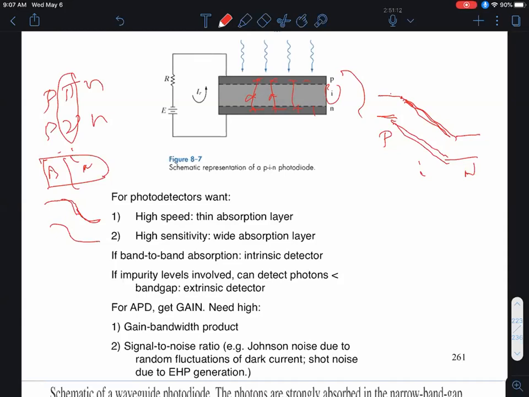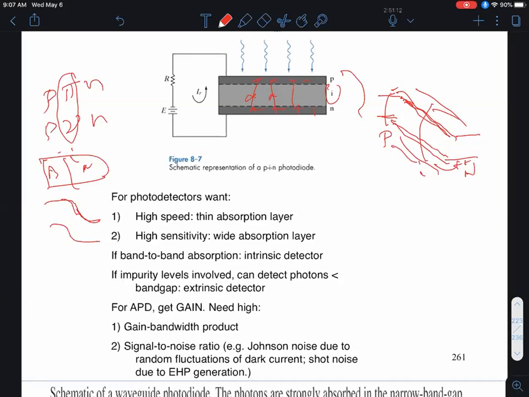Now, if I shine photons which are absorbed, hν greater than the band gap, I'll create electrons in the P side, holes on the N side, and if they diffuse towards this I region, they'll be swept right across. Similarly, any electron hole pairs that are generated in the I region will be swept across. So that's the nice thing about a PIN photodiode.